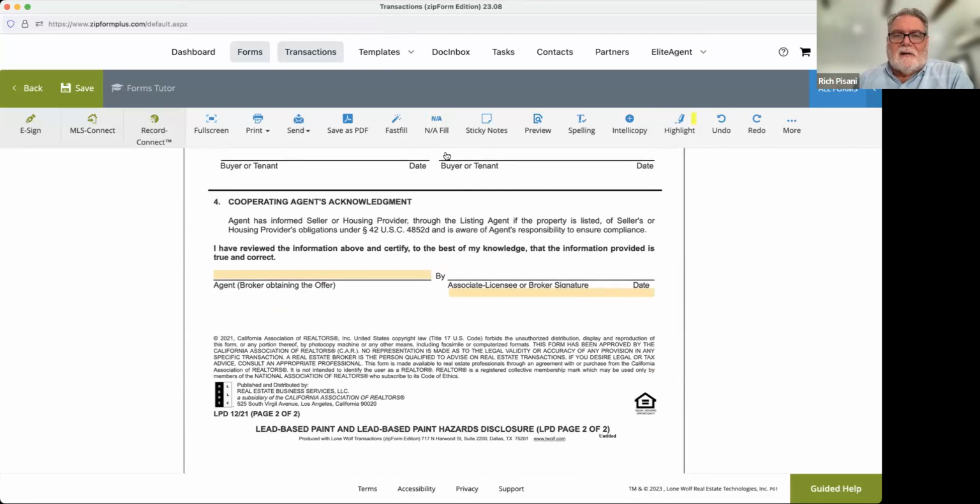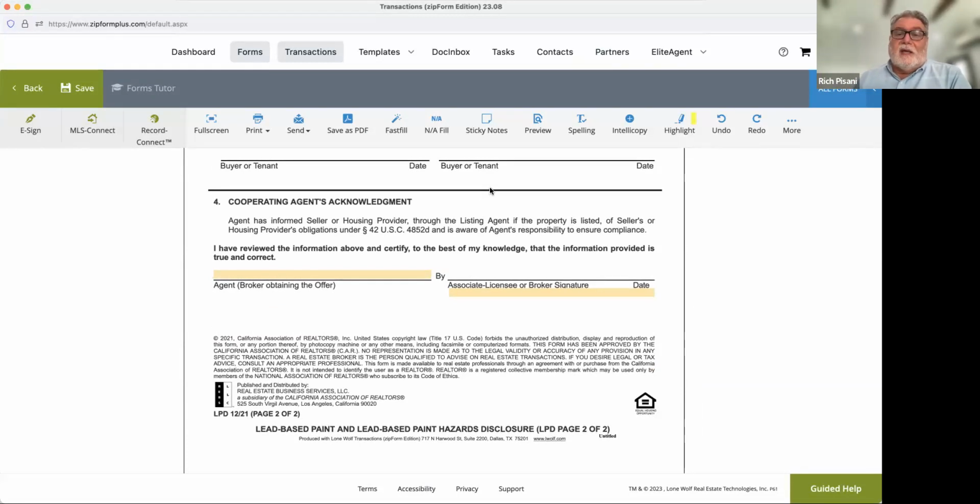Is this required for the trustor selling? It is still required, yes. The only thing they're exempt from is the TDS, and subsequently the SBQ, because if you're exempt from the TDS, then you're automatically exempt from the SBQ.